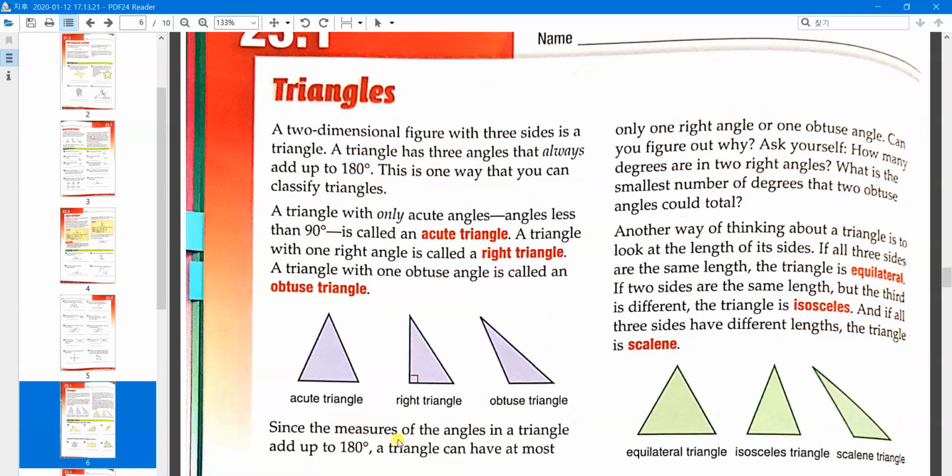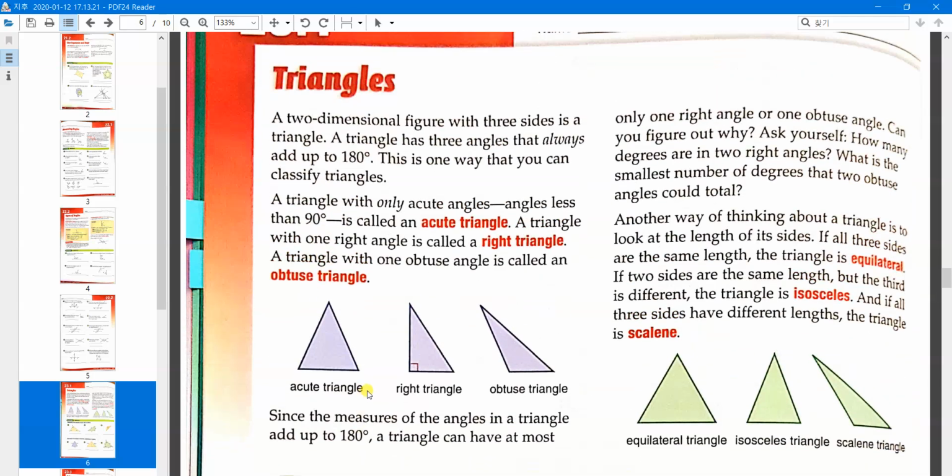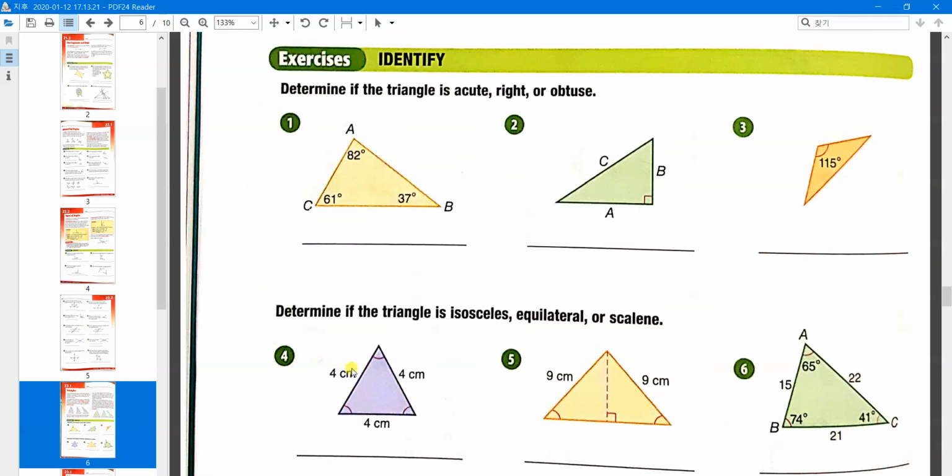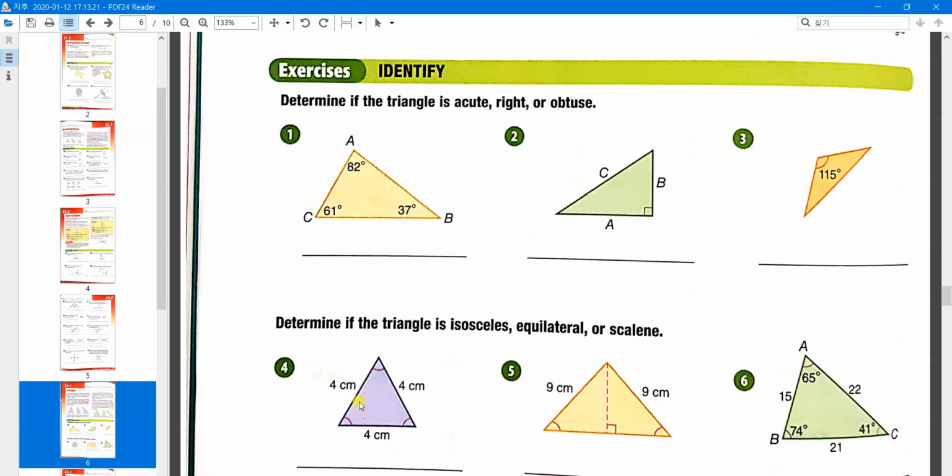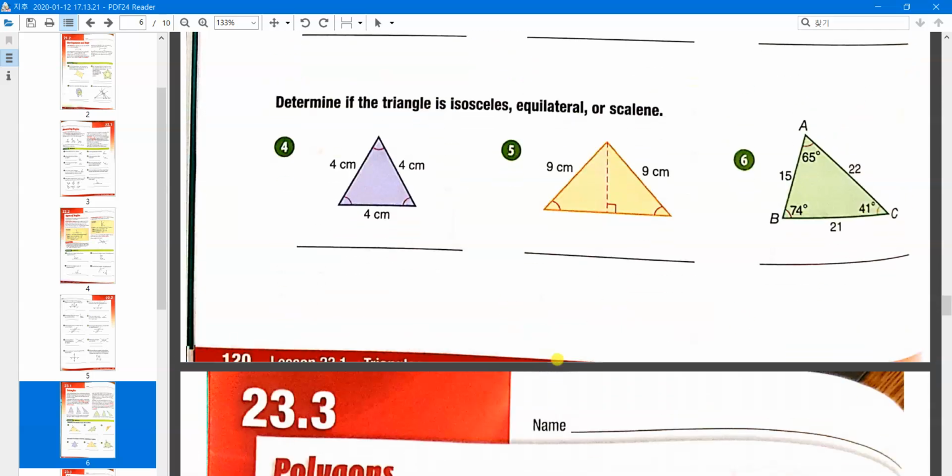Okay. 할 게 없네요. I think you have the exact concept to determine if the triangle is acute, right, or obtuse. Let me see. Number one, acute triangle. And number two, right triangle, because it has a right angle, and this one obtuse because it has an obtuse angle.